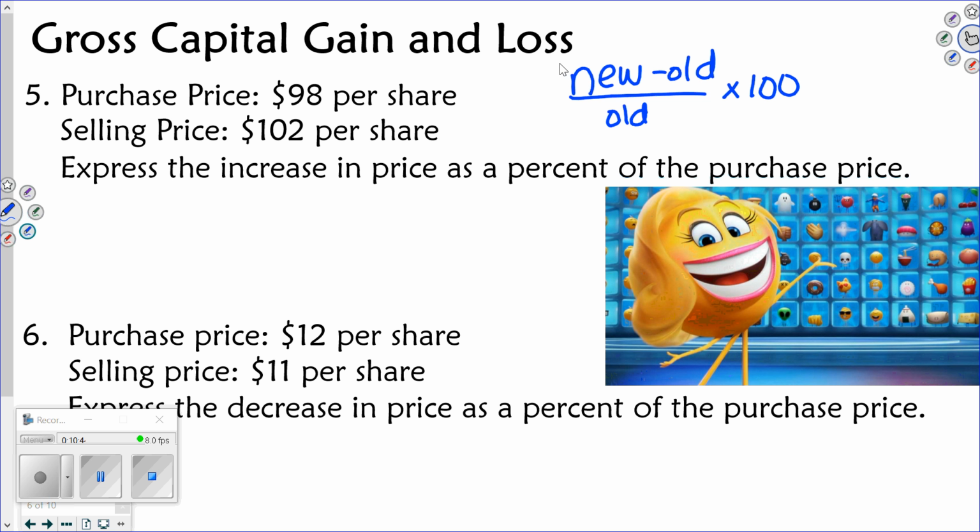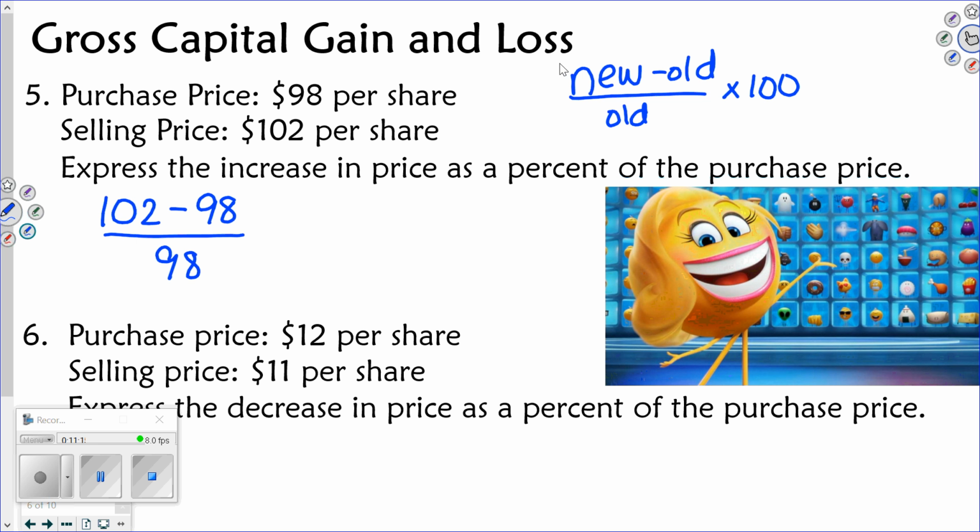As far as new and olds, which one would be the new price? The one you're selling for. So in order for us to be able to remember this and not have to remember multiple formulas, we can still just use that one. So what's the new price? Be what you sold it for. So it'd be 102 minus the old price, 98, divided by 98. Did it go up by much? I mean, it only went up $4.